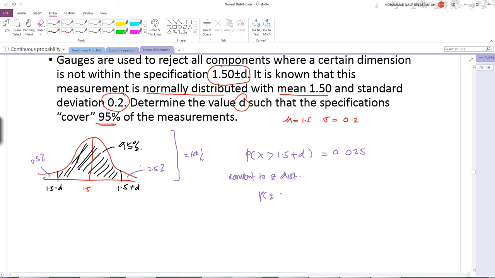Probability of Z more than (1.5 plus d minus mean 1.5) divided by standard deviation 0.2 is equal to 0.025. So next, probability of Z more than d divided by 0.2, equal to 0.025.